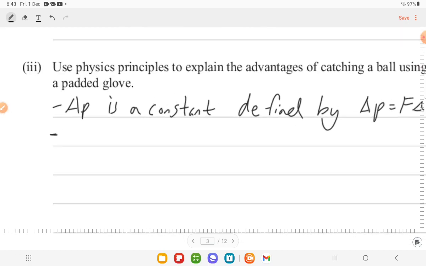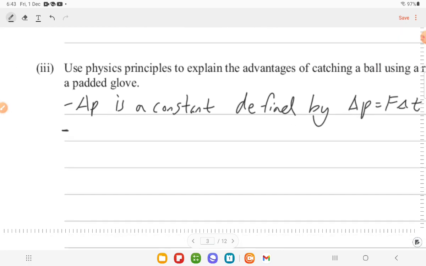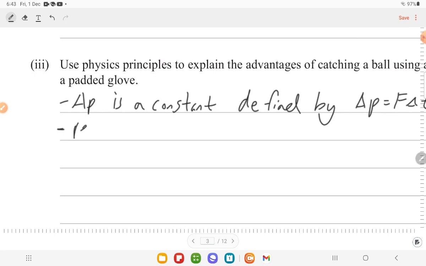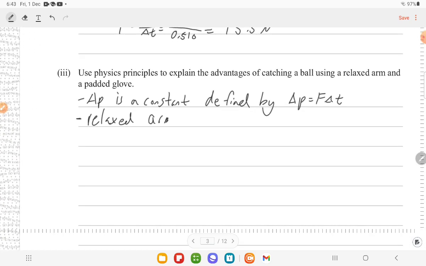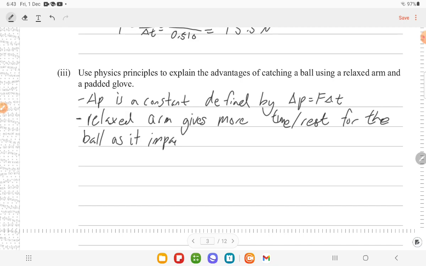So yeah, a relaxed arm and padded glove gives more time for the ball as it impacts the glove.